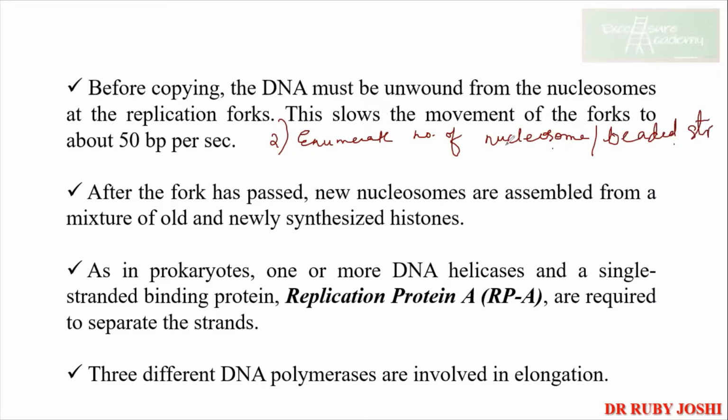So enumerate the number of nucleosomes or beaded structures present in a nucleus having 2.4 into 10 raised to 6 base pairs. If you get the first one, you will definitely get the second one too. Is the question clear to all of you? Yes.